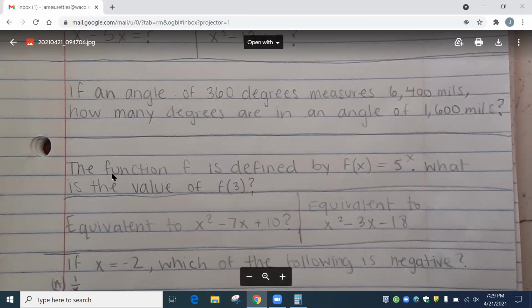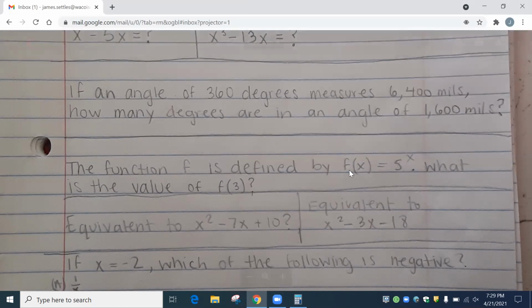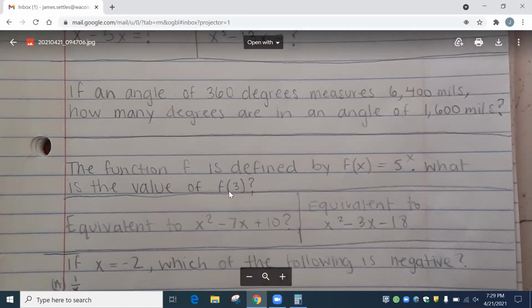All right, so right here, the function. So right here, they're giving you f of x, okay? And I want you to see how similar they are. The only difference is instead of putting this x, they replace it with a 3. That's saying x is equal to 3. So now, if x is equal to 3, we just put a 3 right there.